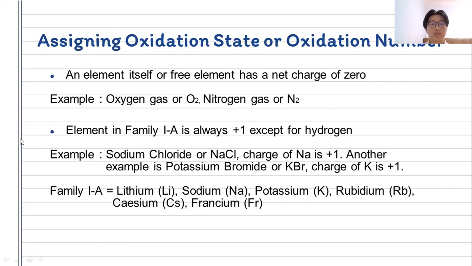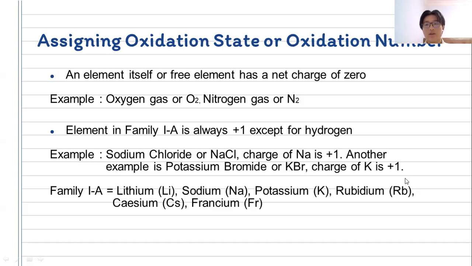Moving on to the second rule. Elements in family 1A are always +1, except for hydrogen. Example, in sodium chloride or NaCl, the charge of Na is always +1. Another example is potassium bromide or KBr.